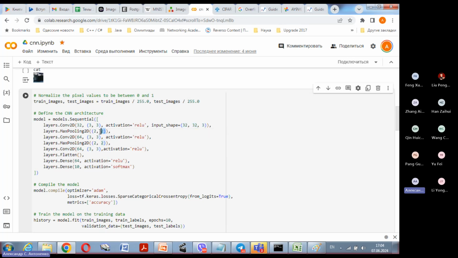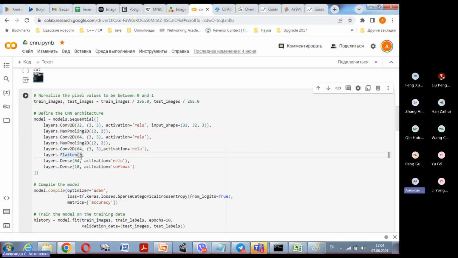Then I use max pooling, which decreases the dimension twice. Then I use 64 features and also a 3 by 3 convolution. Then also max pooling, then also a 64 convolution.